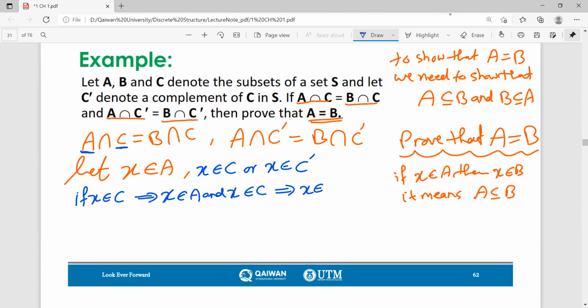So X is in A intersection C. Since X is in A intersection C, and A intersection C equals B intersection C, that means X is in B intersection C.